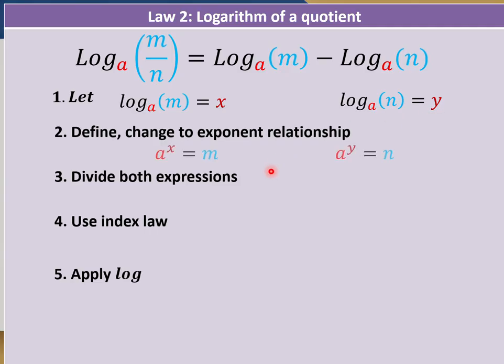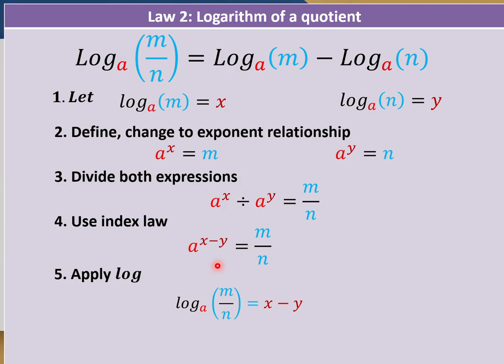So we'll have base a to the power of x equals m and base a to the power of y is equal to n. We're going to divide both expressions. If we apply index law, this will be x take away y. Now I'm going to reverse it and go back to log form. So that is log base a of m over n is equal to the exponent, which is x minus y.